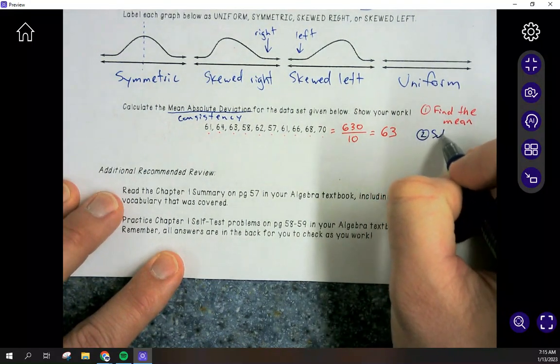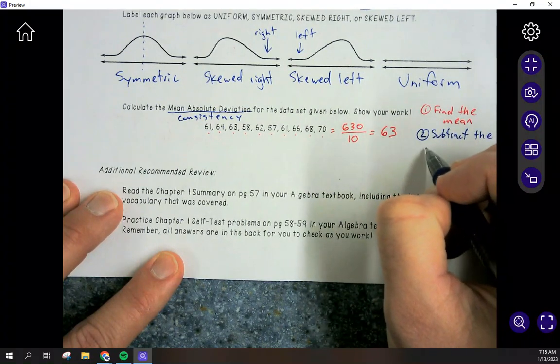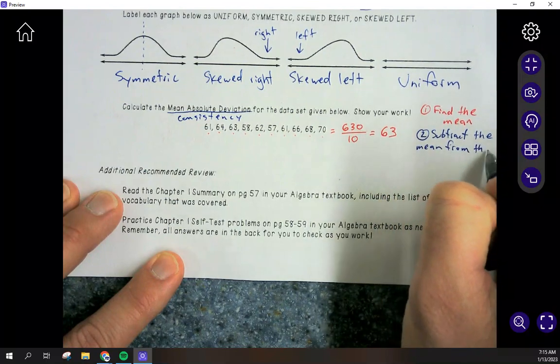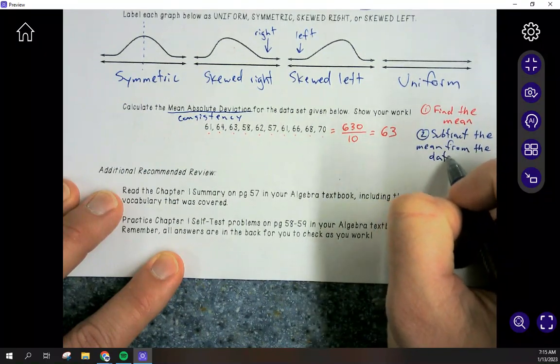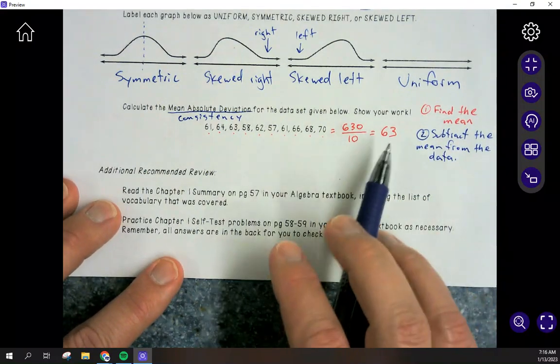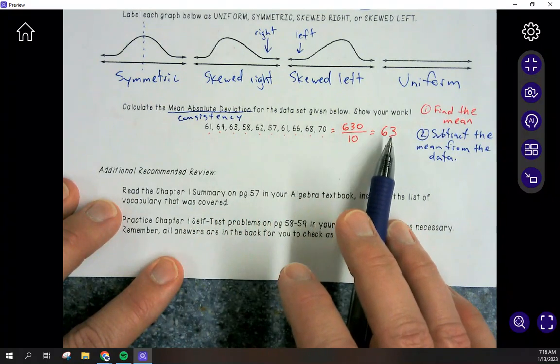you subtract the mean from the data. This is kind of the annoying part. So we want to know each piece of data, how far away is it from the average or from the mean?